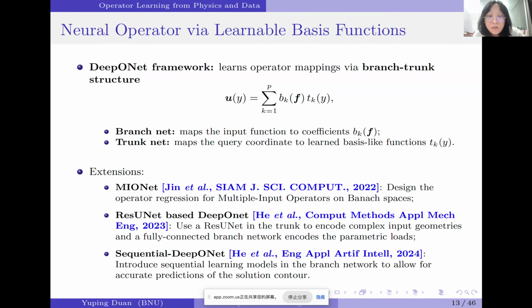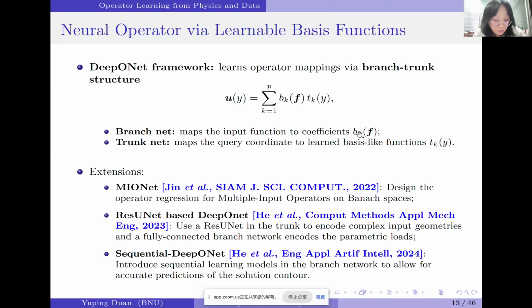DeepONet is a representative neural operator based on the branch-trunk structure. The branch net maps the input function to the coefficients, and the trunk net maps the query coordinate to learn the basis-like functions.